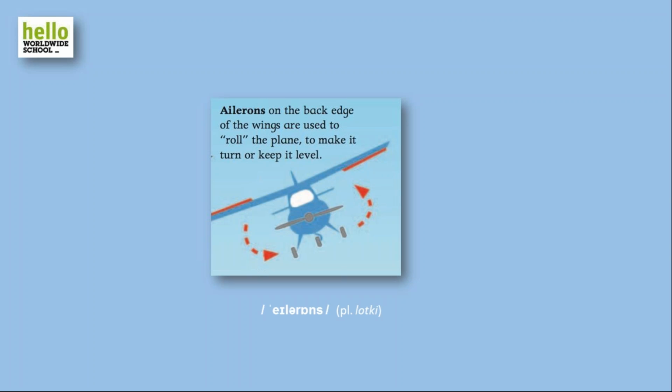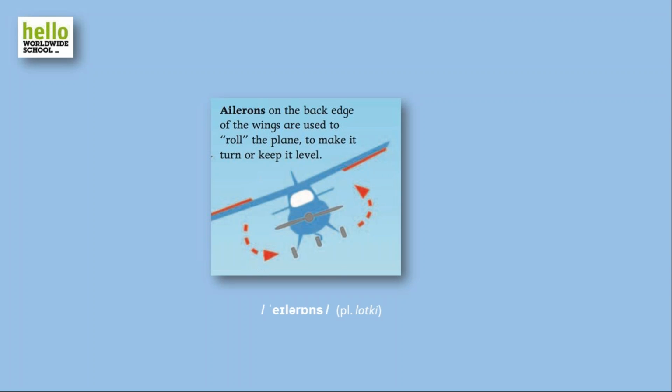And ailerons are at the ends of wings, and they are used to roll the plane, right? And notice, when you roll the plane, for example, to the left, they have to be directed in two different positions, just like in the picture, to keep it level, in the same position.